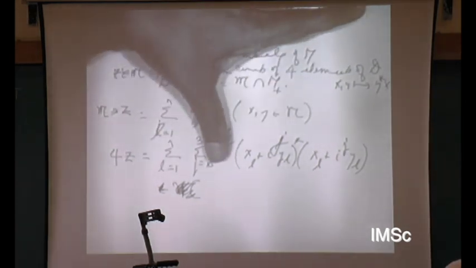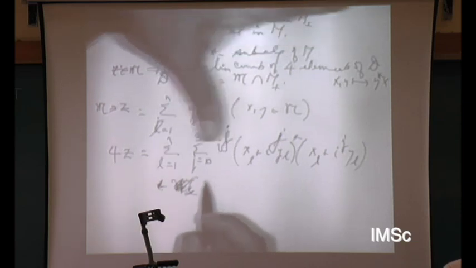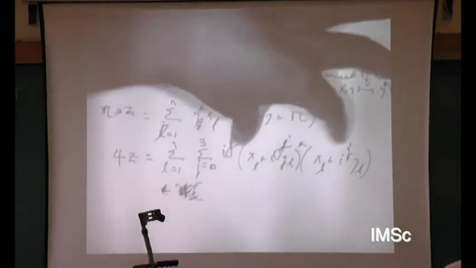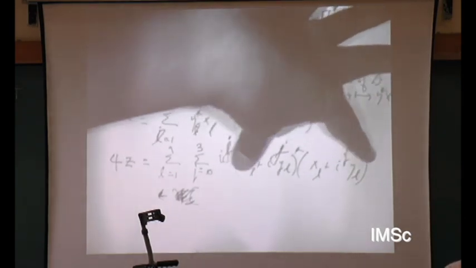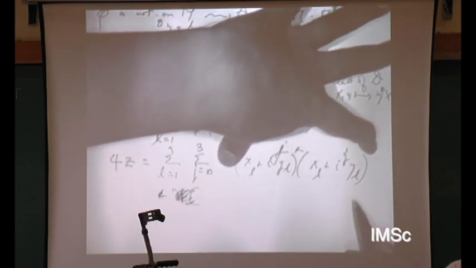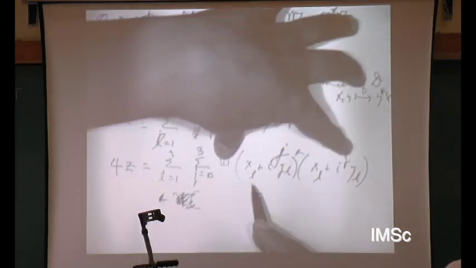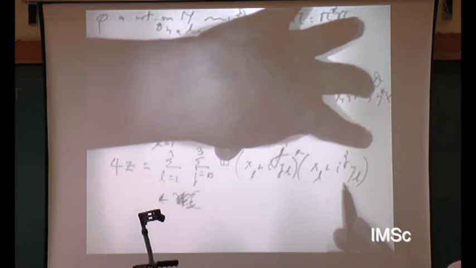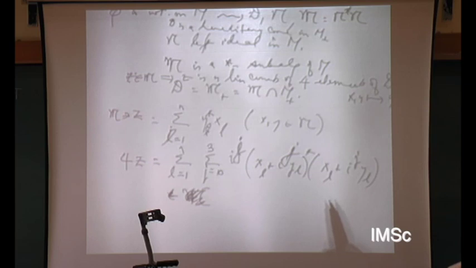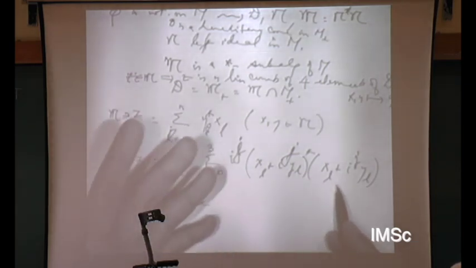Okay. See, this I can write as sum j equals 0 to 3 of i to the j, taking the sum over l inside. Then that inside sum is going to be, see, these are all in N star N, and we assume that phi of this is finite.